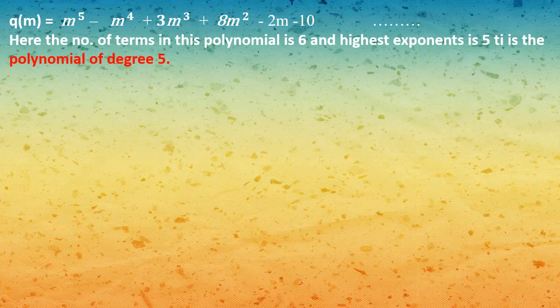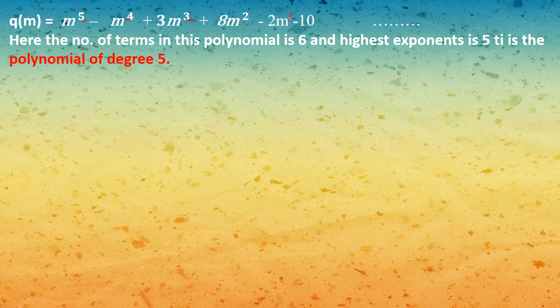Now if we count the number of terms in this polynomial, how many terms are there? 6 terms are there. Let us take the exponents here. It is 5 here and 4, here it is 3, then m is 2 here, and the exponent of m is 1 here.